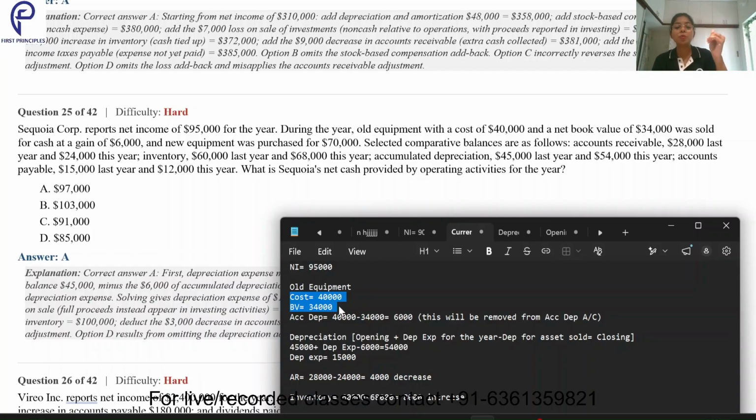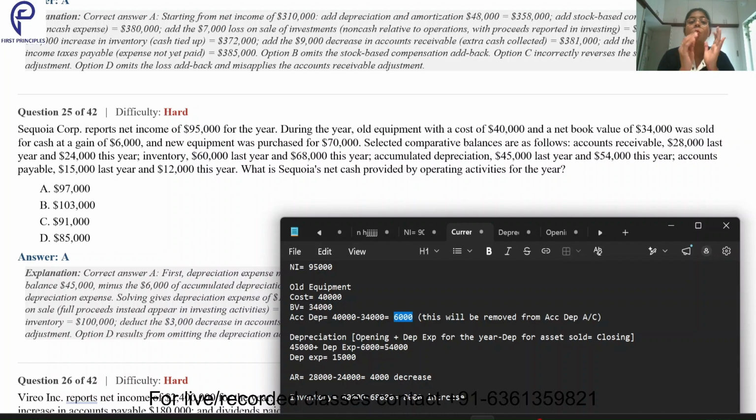The book value is lower than the cost. Why? Because there might be some depreciation, there should be a separate depreciation, that's why. So 40,000 minus 34,000 is my accumulated depreciation on that particular equipment.